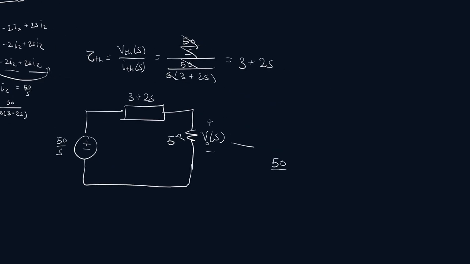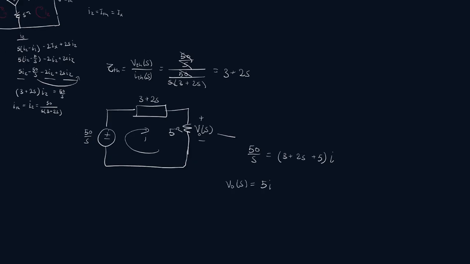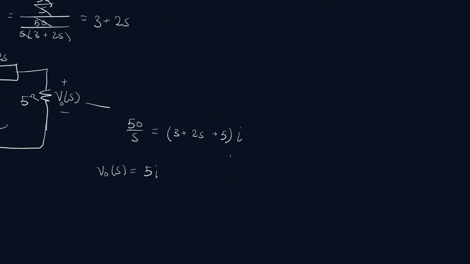We know 50 over S should be equal to the total impedance, so 3 plus 2S plus 5, and this is times your current, the current passing through here. And then your VO of S will be equal to 5 times the current. So we just have to find the current, and then we can find VO of S.